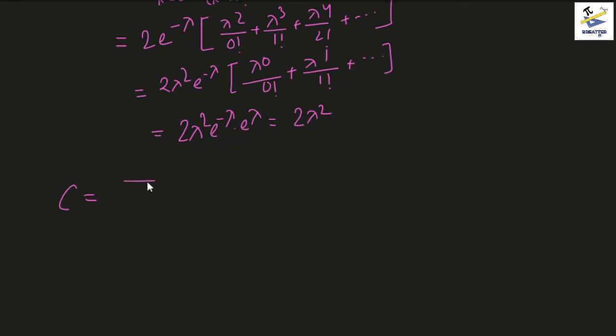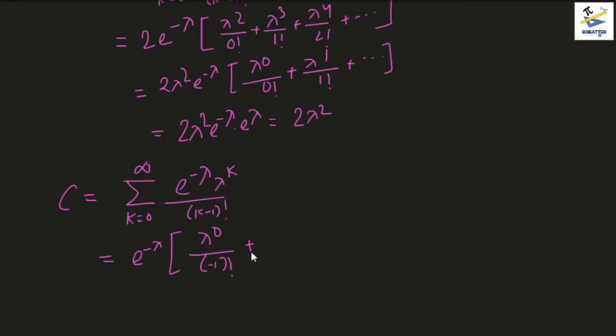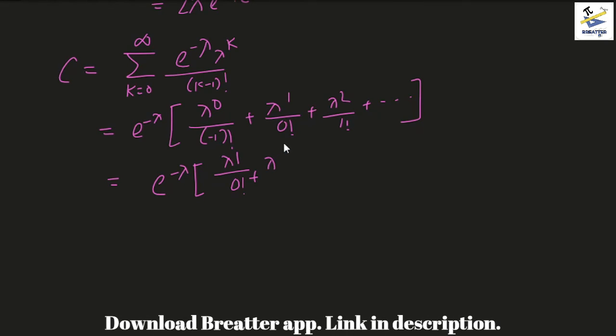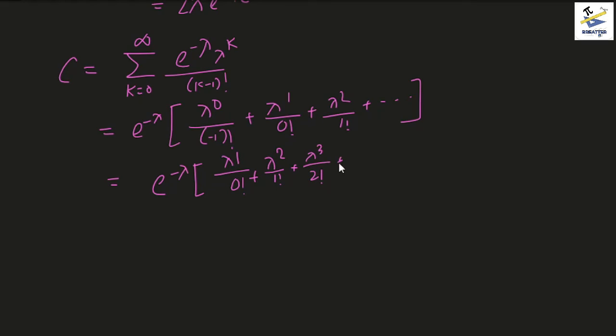because c is just summation k equals to 0 to infinity e to the power minus lambda, lambda to the power k by k minus 1 factorial, and we can expand this directly as follows. And then again the denominator is a negative factorial, that would be 0, so we are left with this: lambda to the power 1 by 0 factorial, lambda squared by 1 factorial, lambda cubed by 2 factorial and so on.